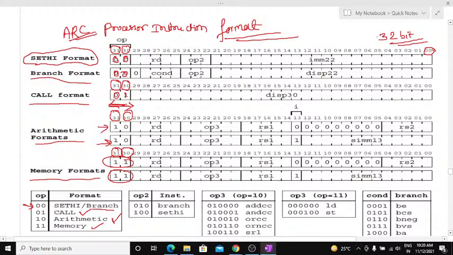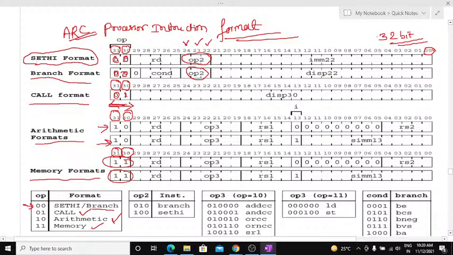Then after the OP, in set high and branch the 2 bits are the same, 00. To differentiate these two, there is one more code called OP2, which comes only in these types of instructions. OP2 is at bit positions 24, 23, 22.